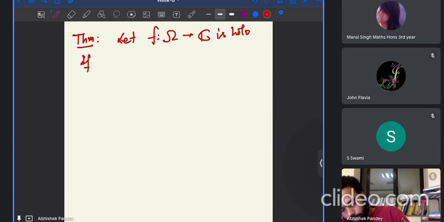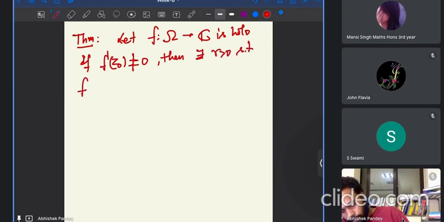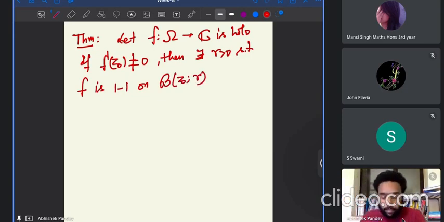If f dash of z naught is not equal to 0, then there exists R positive such that f is one-one on this ball. So I mean, for a holomorphic function, if the derivative is non-zero at some point, it means f is locally one-one. So it is about the localness.